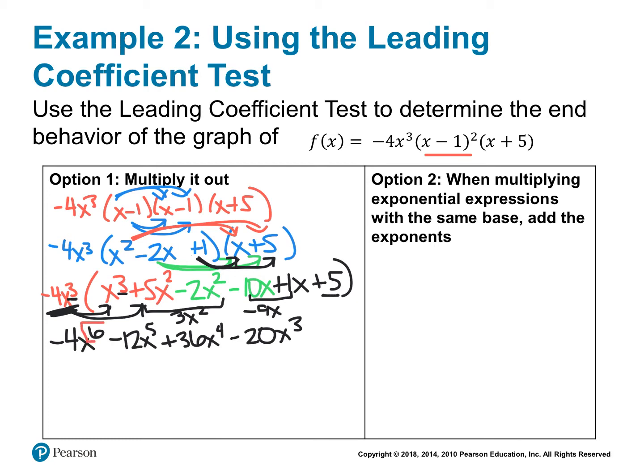So now we notice this 6 is even, and then the leading coefficient is negative 4. So a negative leading coefficient.